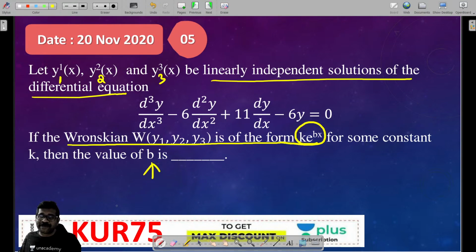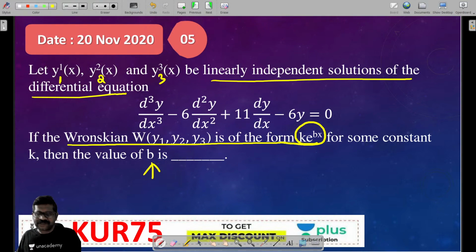So first you have to find independent solutions. With the help of independent solutions, you have to calculate Wronskian. After calculation of Wronskian, you have to compare whatever Wronskian you are going to get with k into e power bx. By comparison, you can get the value of b and k. Okay, the problem is designed on b.